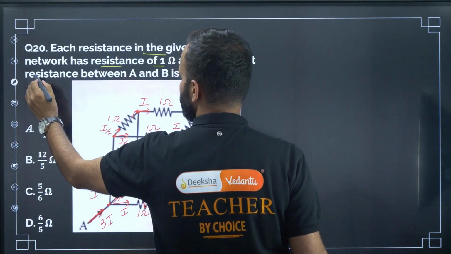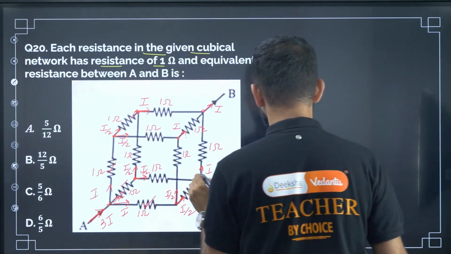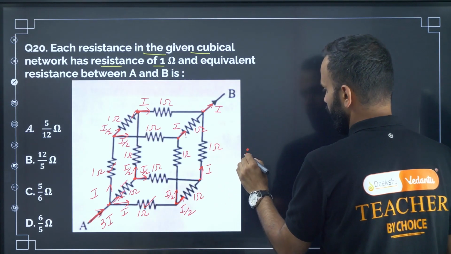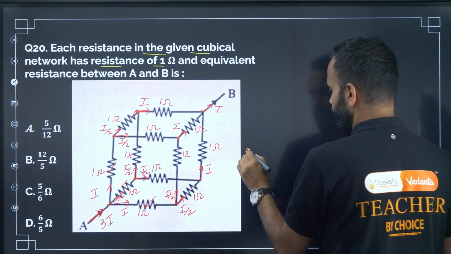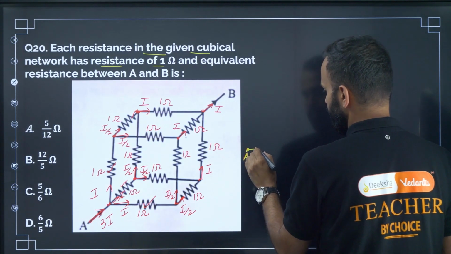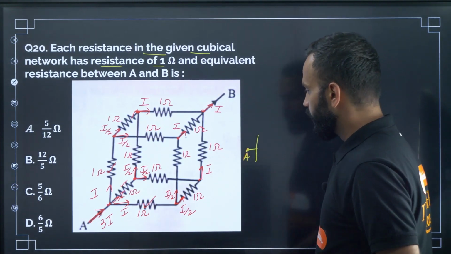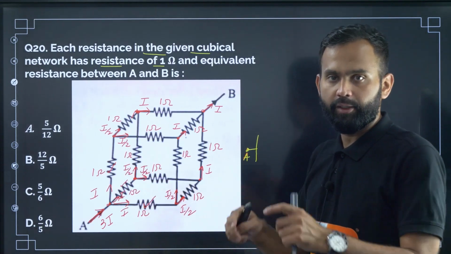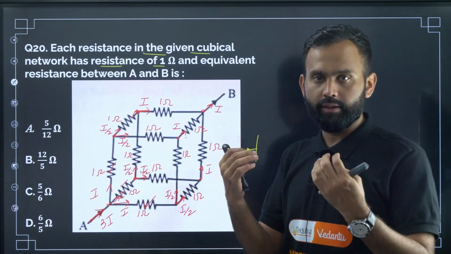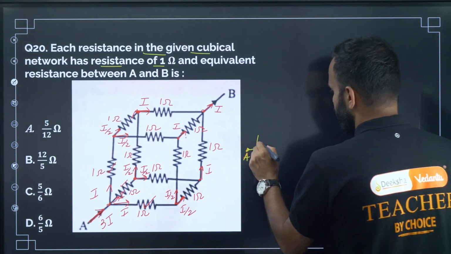So now I can redraw this diagram, here point A. The potential difference across each resistor is the same, that is, these three are in parallel. In parallel, the potential difference across each resistor is the same.